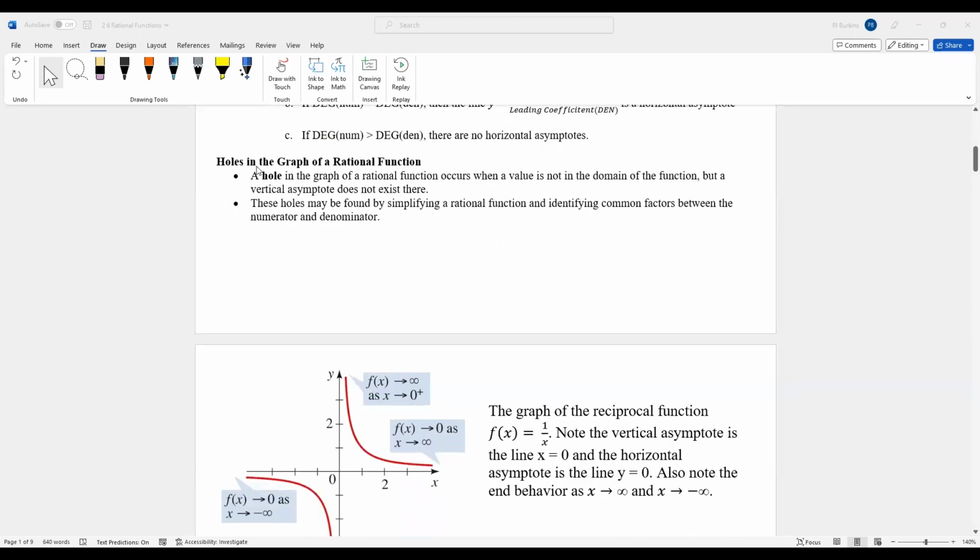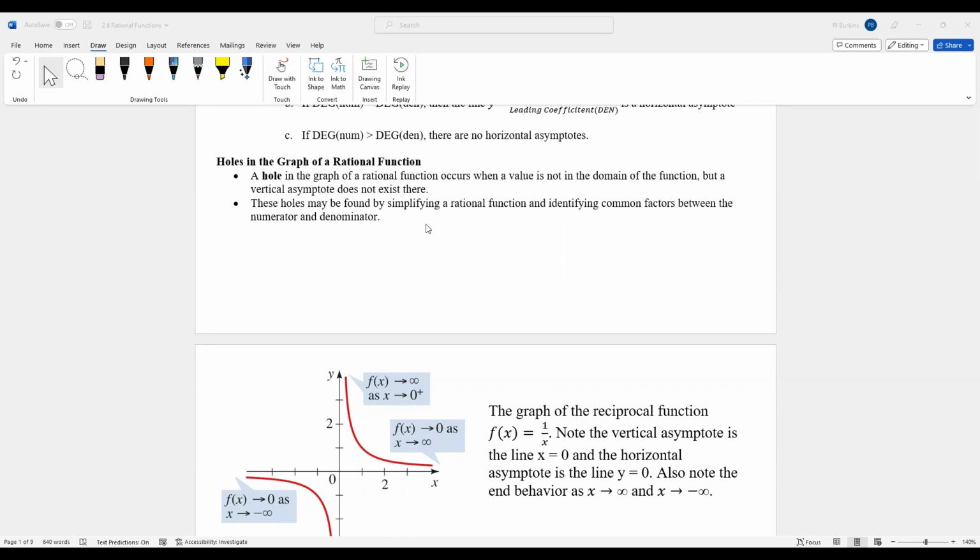So how do we find if there's a hole in the graph of a rational function? A hole in the graph of a rational function occurs when a value is not in the domain of the function, but a vertical asymptote does not exist there. So remember that for a vertical asymptote, we set the denominator to 0 and solve.